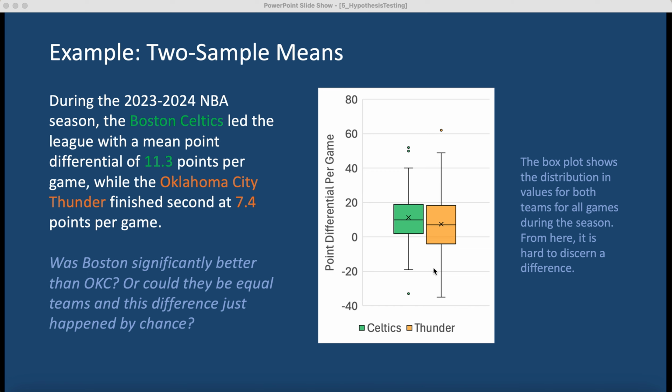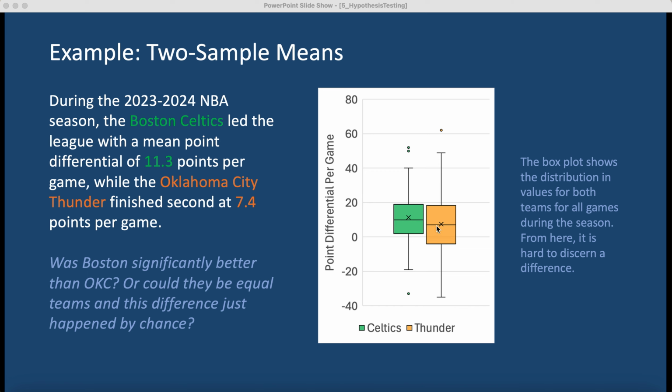So if we look at the box plots, it becomes a little bit more muddy of a picture, right? 11.3 versus 7.4, yes, that seems like a big gap. But we look at the box plots and we see that things are a little bit more closely matched.